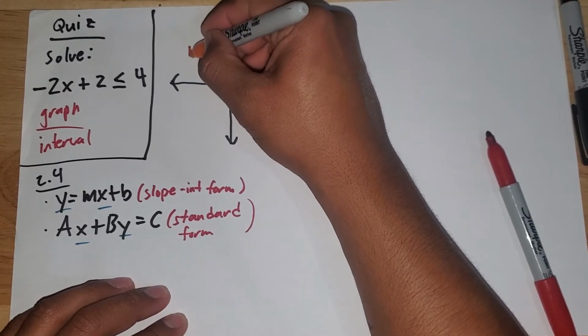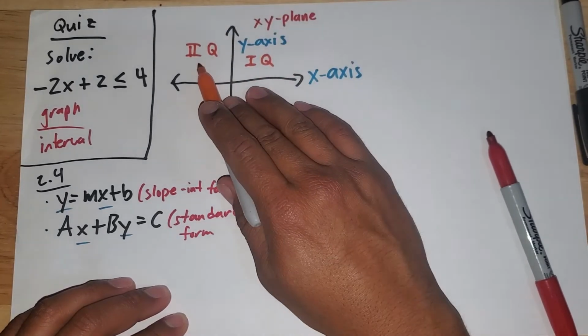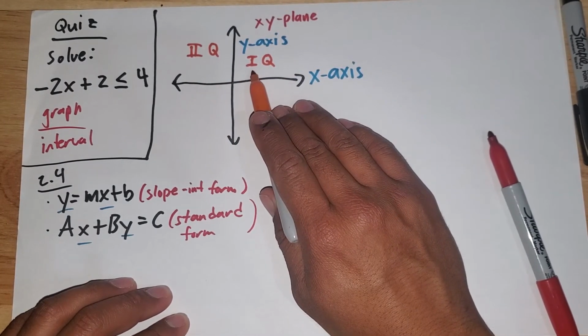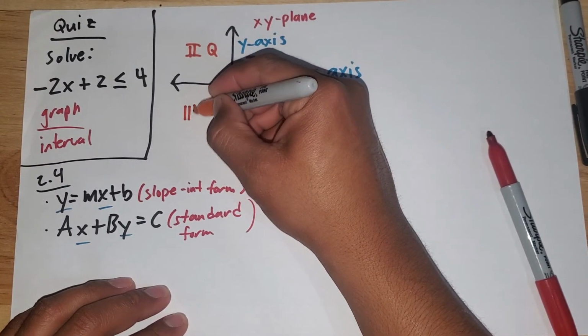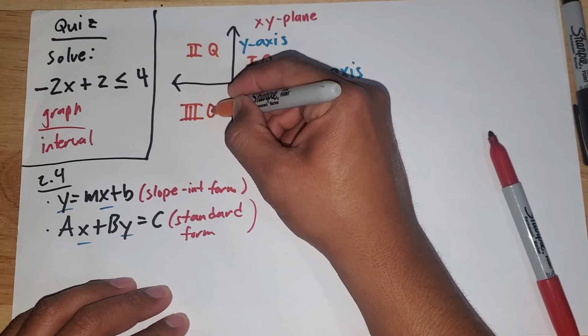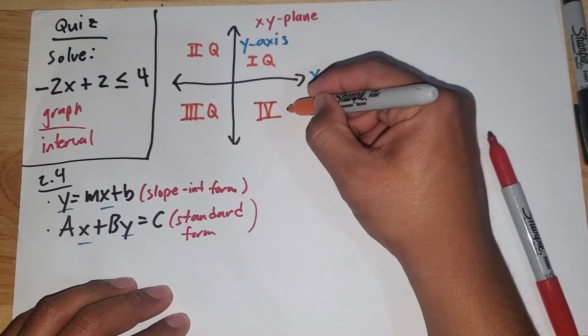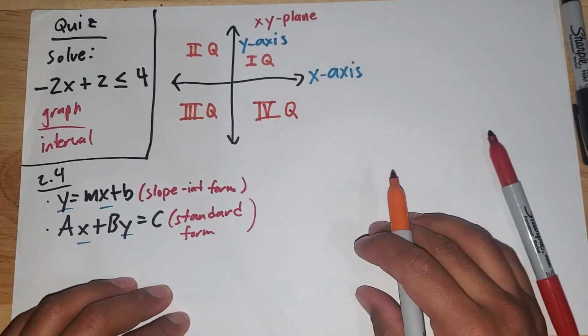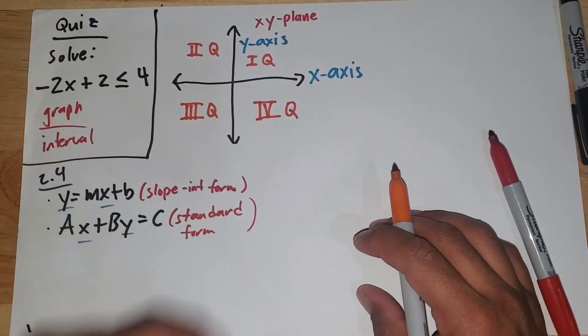This is our second quadrant. I'm just using Roman numerals. So that means 1. That means 2. This just means 3, our third quadrant. And this means 4, which is our fourth quadrant. So hopefully you guys remember this. First, second, third, fourth quadrant.